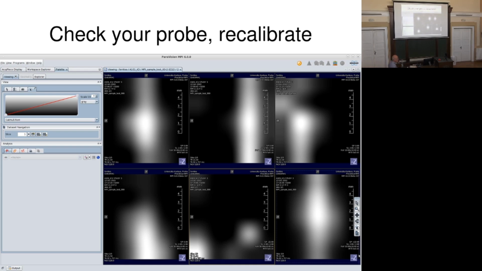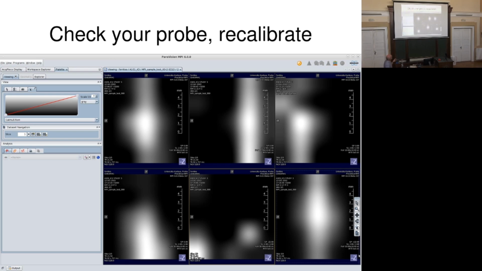The signal is dispersed, probably due to some size dispersion in the sample or aggregation. And if you reach something like that during your quality control, then you know that something is really wrong with the probe.